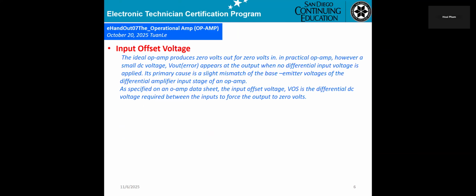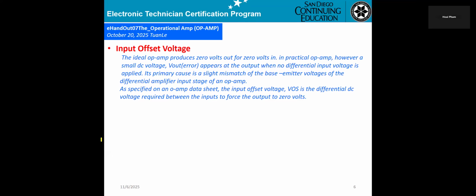Input offset voltage. Okay? The ideal op amp produces 0 volt output for 0 volt input. However, in a practical op amp, V out appears at the output when no differential input voltage is applied.